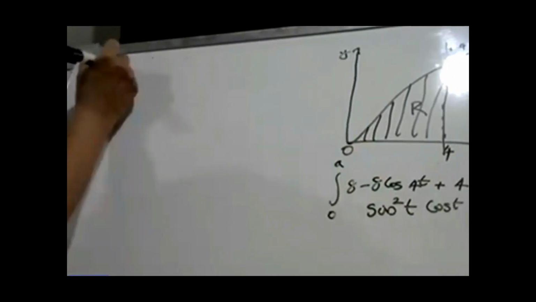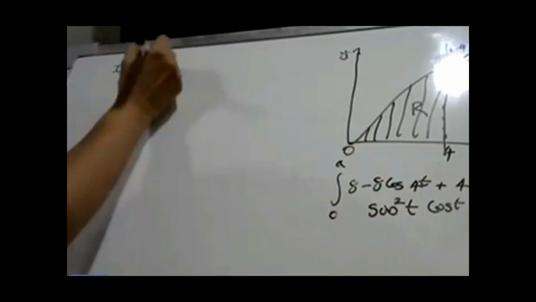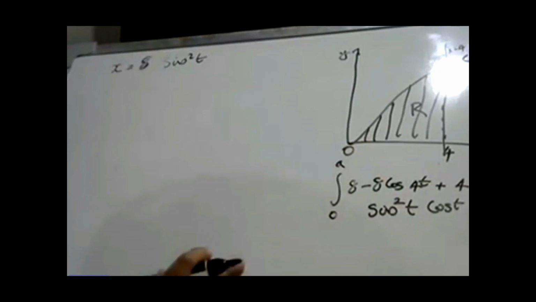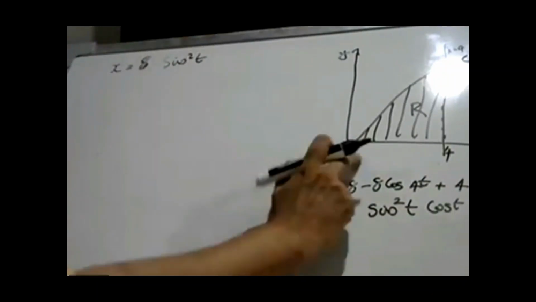Here we are given the parametric equation x equals 8 sin squared t. When we are calculating using a parametric equation, let us find the values of t. Here we have the limits of x from 0 to 4.